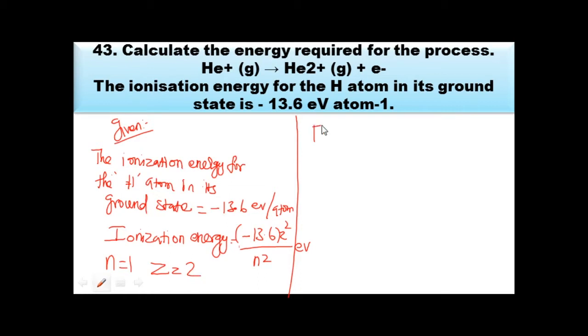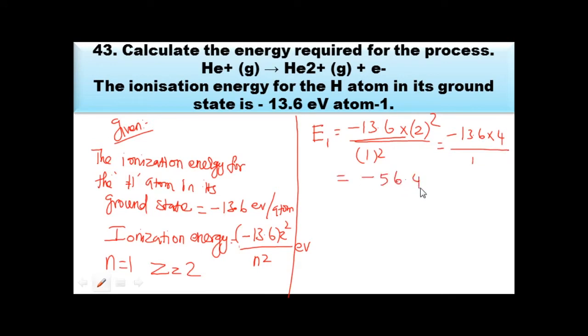So E1 equals minus 13.6 divided by 1 square, multiplied by 2 square, because Z squared is 2 square. So minus 13.6 multiplied by 4 divided by 1. The answer is minus 54.4 electron volt per atom.